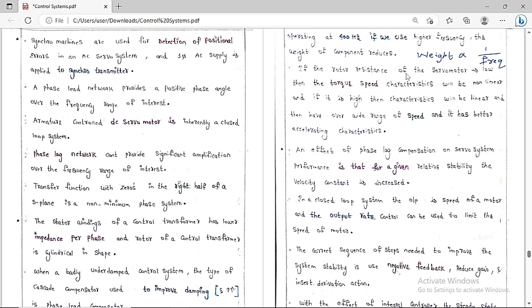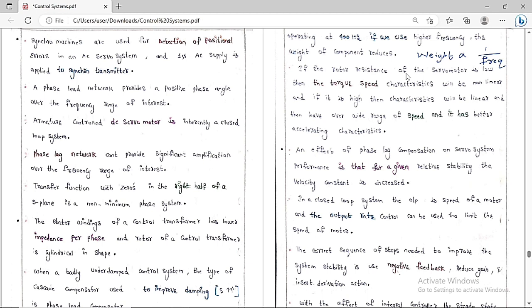So finally I can say, whenever you increase the frequency of operation, the weight of the component is going to get reduced. Less weight means we can use it in aircraft applications, because there we require less weight. So larger and more sophisticated aircraft have AC systems operating at 400 Hz.